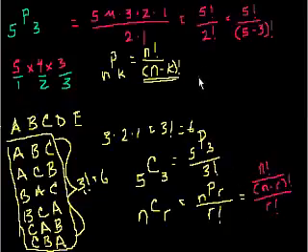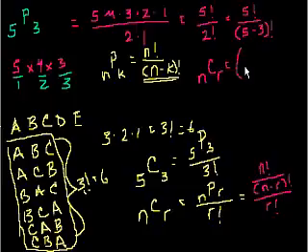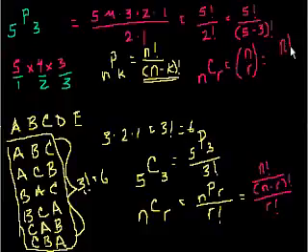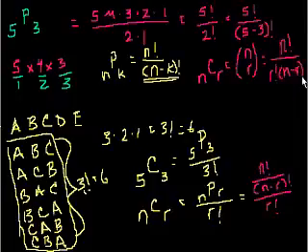This is often written as n choose r. This is called the binomial coefficient, and we'll do a whole series of modules on that as well, because this actually shows up in polynomial expansion when you take polynomials to powers. But this is equal to n factorial over r factorial times n minus r factorial.